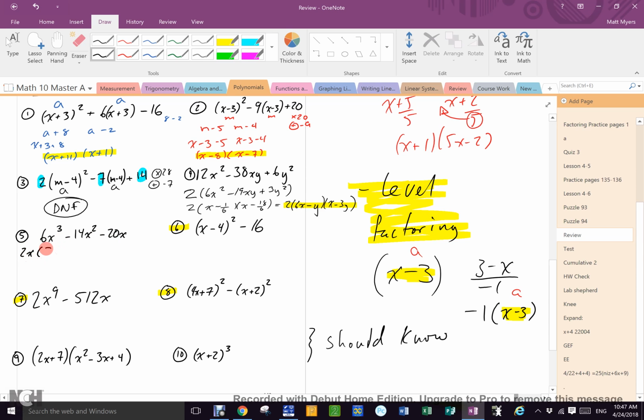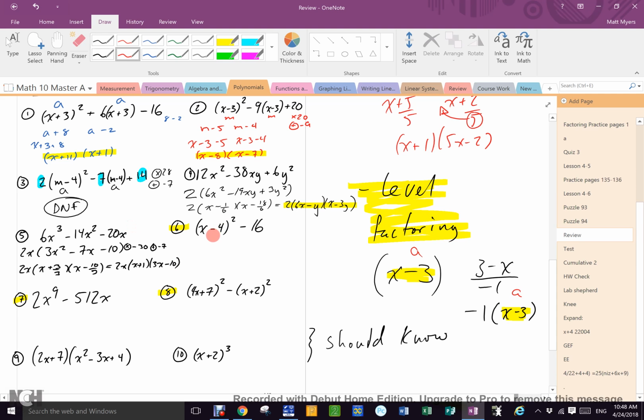This one, you factored out 2x, 3x squared minus 7x minus 10. Factors of negative 30 that add to negative 7. It's 3 and negative 10. X plus 3 over 3, x minus 10 over 3, which becomes 2x, x plus 1, 3x minus 10.